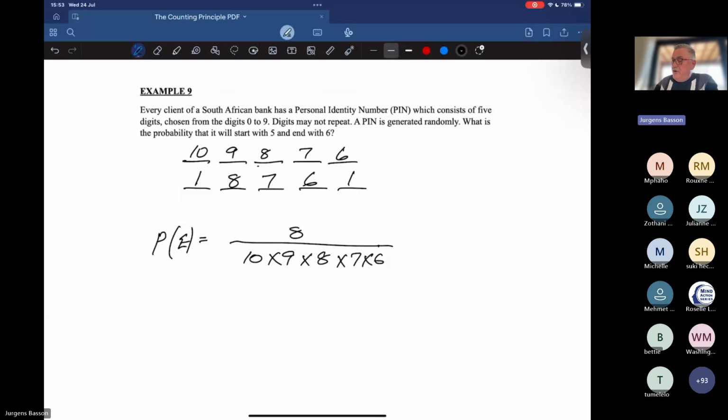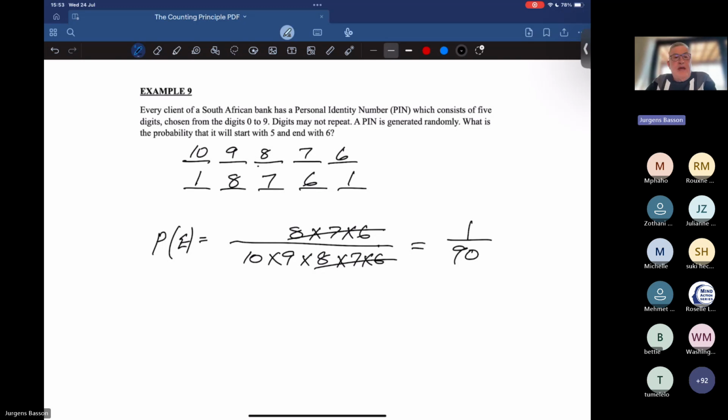You see my numerator? 8 times 7 times 6. Now, the moment you get this, it's quite easy to do, because 8, 7, 6 will cancel because it's multiplication, and your answer is 1/90. And it works out quite easily that way. Otherwise, they can just calculate it on their calculators.